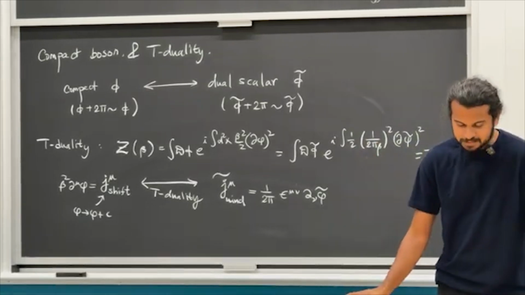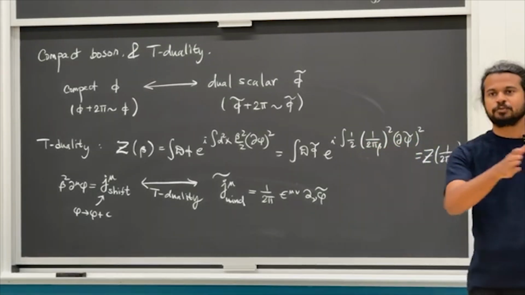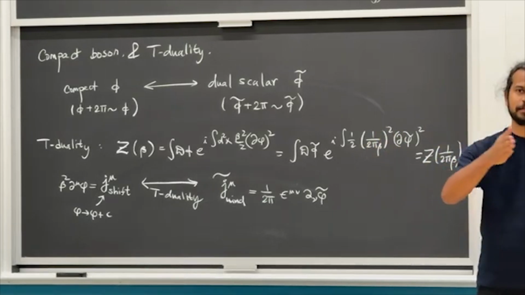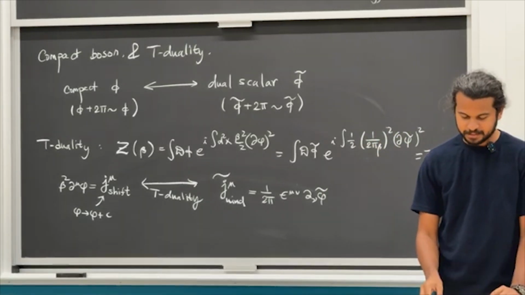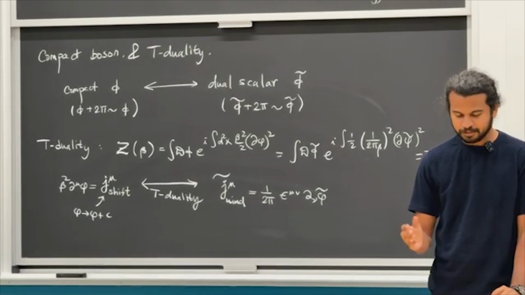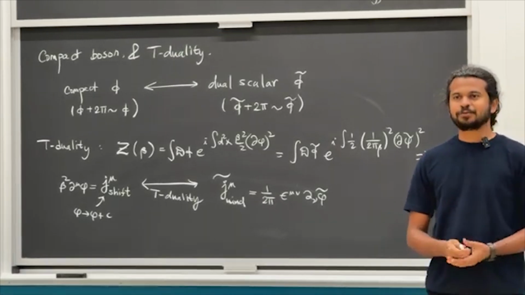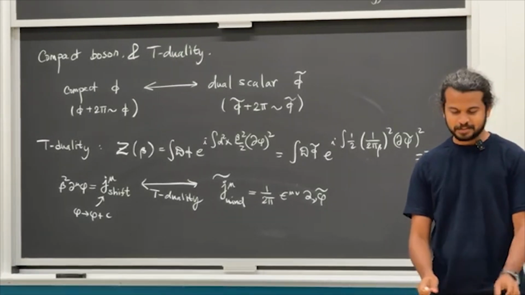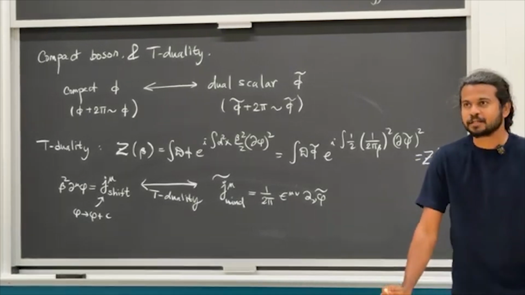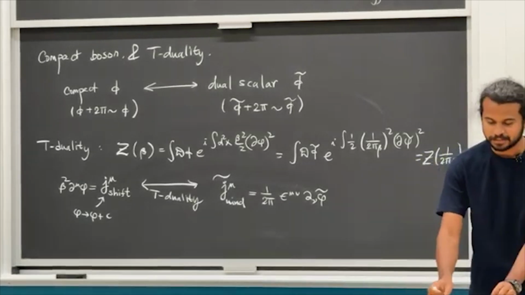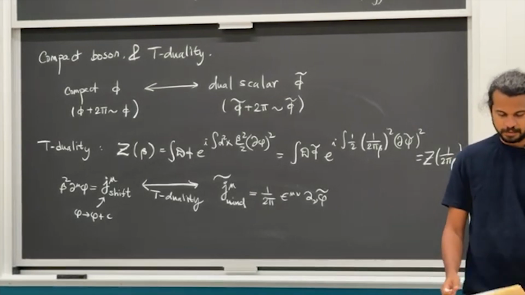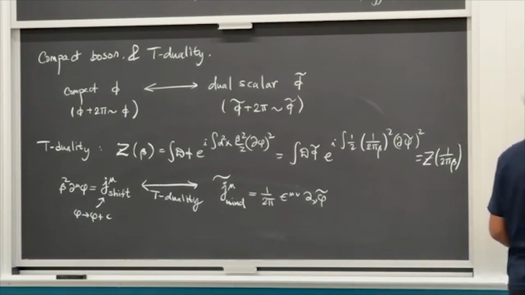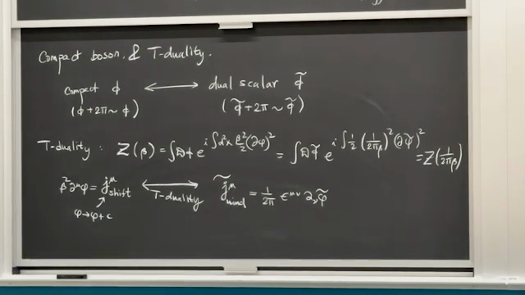And since a free theory is given by the 2-point function, we will claim that these two theories are equivalent. That's the idea. But I have to confess that I don't fully understand it. There are some subtle points that I'm still confused about, and I will try to explain that at the end to have a discussion. All right, so any questions so far regarding the recap or something?